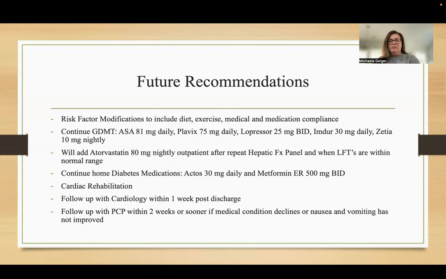He's going to continue his home diabetes medication, which included Actos 30 milligrams daily and metformin ER 500 milligrams daily. We are going to provide him with information and get him scheduled for cardiac rehabilitation, follow up with cardiology within 1 week post-discharge, and follow up with PCP within 2 weeks or sooner if his medical condition declines or nausea and vomiting has not improved.